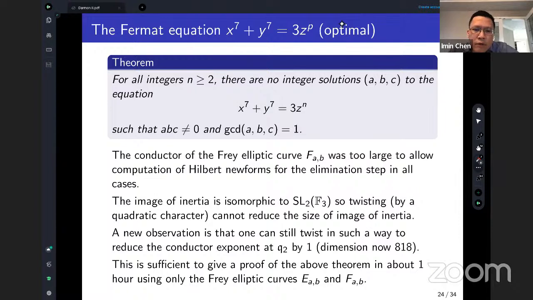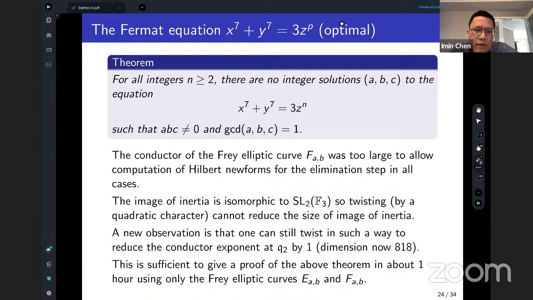If you look at the image of inertia at 2, and that is relevant for the conductor exponent at the prime Q2, it has a very large inertial image, SL2(F3). And so by twisting the Frey elliptic curve, one can't reduce the size of the image of inertia.